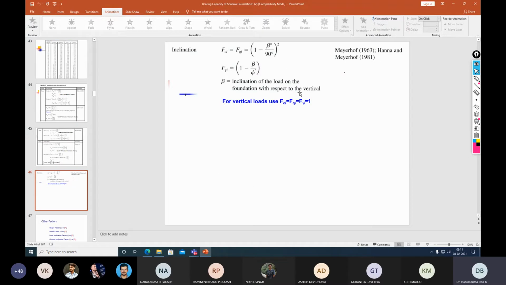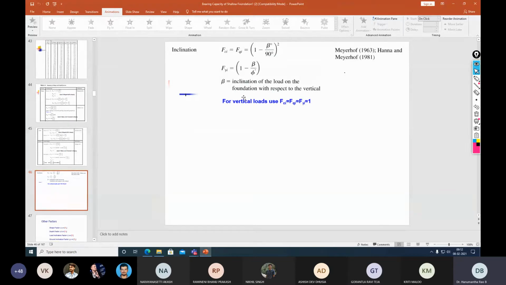Then another variety of factors are the inclination factors. As given here, again there is an inherent assumption. In these inclination factors, if the load is vertical, or 90 degrees, you are supposed to take all inclination factor values as unity, which otherwise becomes a kind of limitation to the Meyerhof equation.